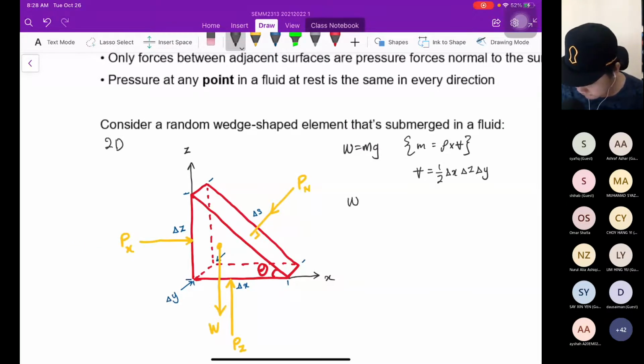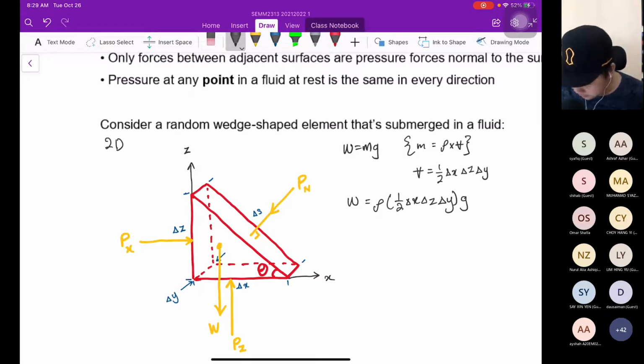And then we can substitute here. The weight is equal to rho g. Mass is equal to rho, and V is 1/2 delta X, delta Z, delta Y, multiplied with g.